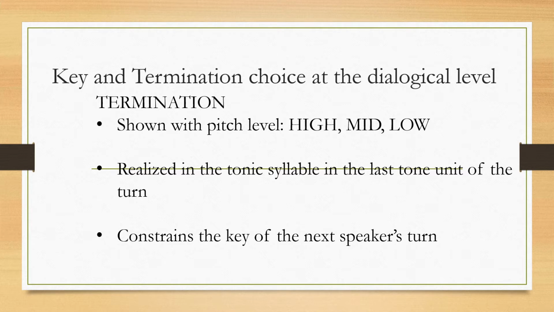Here we had to take into account the conversational type of text, and in particular, the last element in the turn produced by a speaker. And as we said before, the use of termination may constrain the key choice, that is the beginning pitch level on the onset syllable of the next speaker's turn.